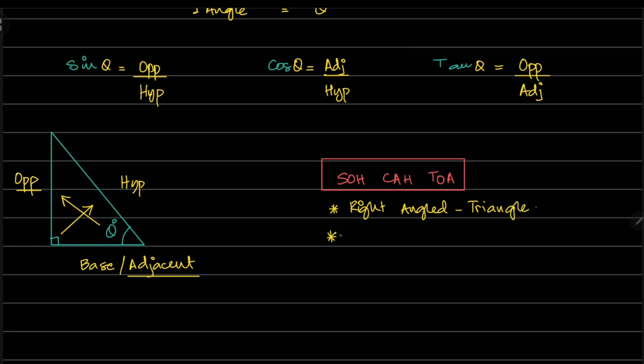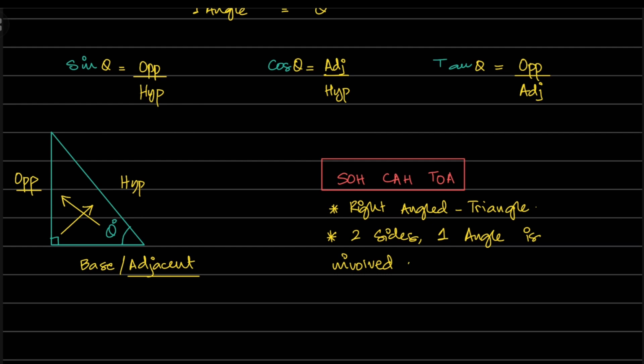and it will only be used when you've got to find out either the side or the angle. Two sides and one angle is involved. There you go. Now I personally feel like this is the easiest of all.